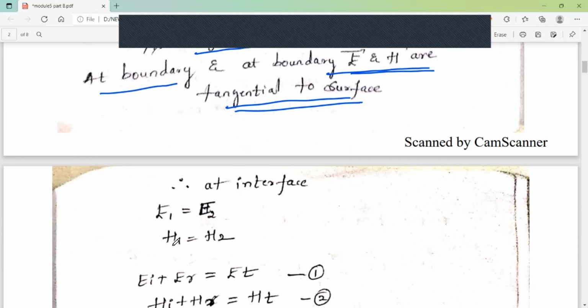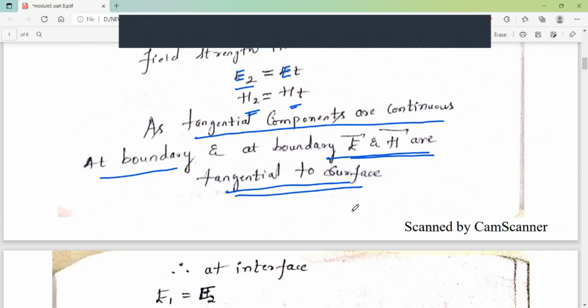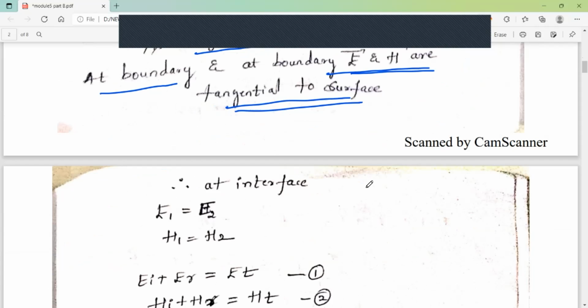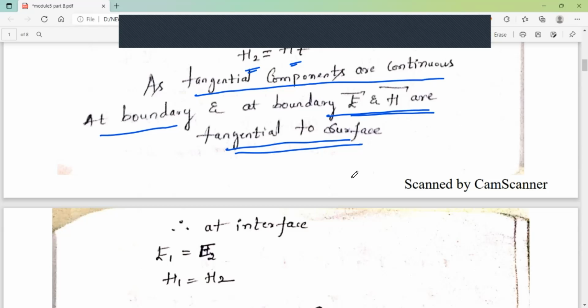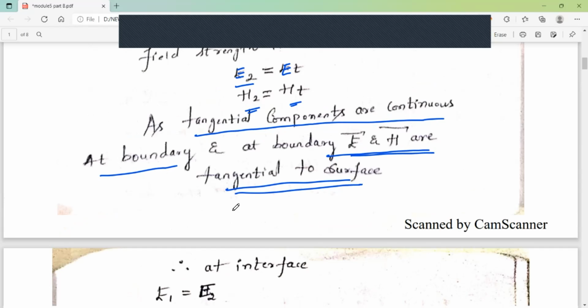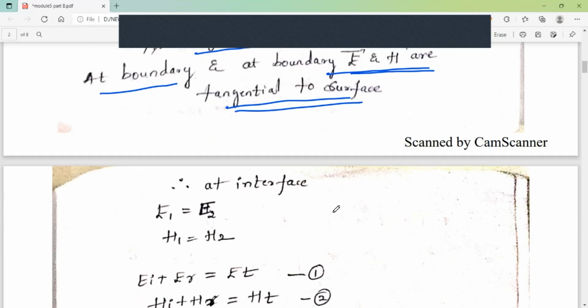Similarly, the H1 component at the interface and H2 component at the interface, which is also tangential, are going to be equal. Please pay attention to this part. So only tangential components are there, and tangential components will be continuous across the boundary. So that's why we can write E1 equal to E2 and H1 equal to H2.